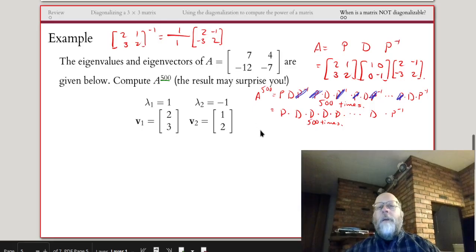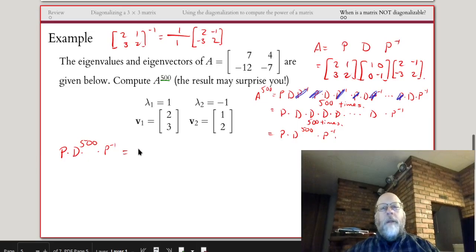In other words, this is just P times D to the 500th power times P inverse. All right. Well, then P times D to the 500th power times P inverse is [2, 1, 3, 2] times the matrix [1, 0, 0, -1] to the 500 power times [2, -1, -3, 2].